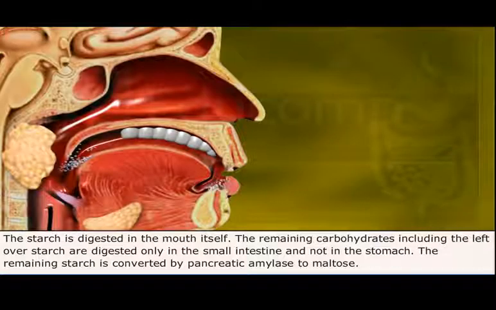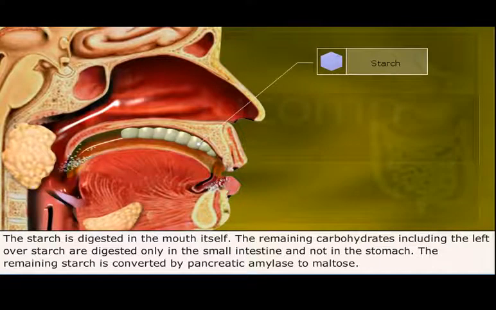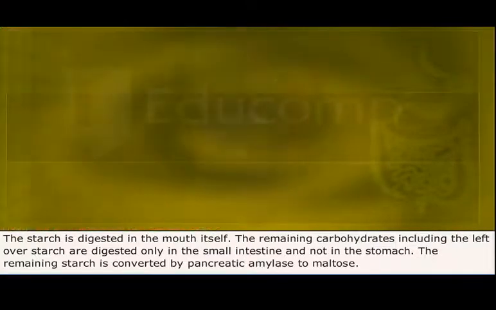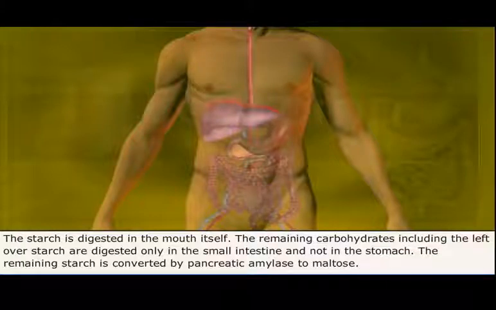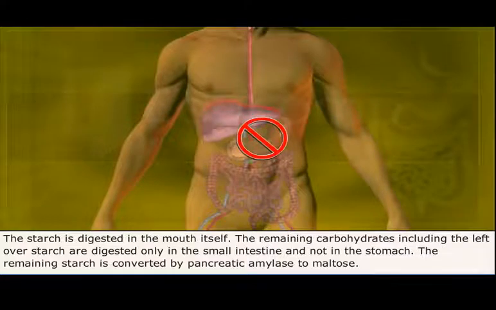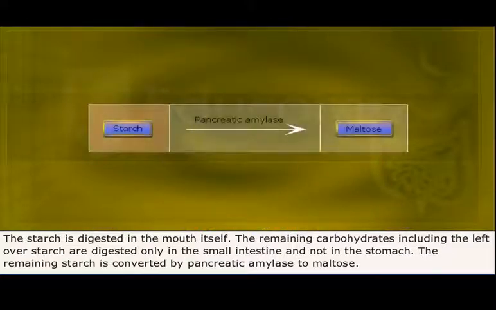As we know, the starch is digested in the mouth itself. The remaining carbohydrates, including the leftover starch, are digested only in the small intestine and not in the stomach. The remaining starch is converted by pancreatic amylase to maltose.